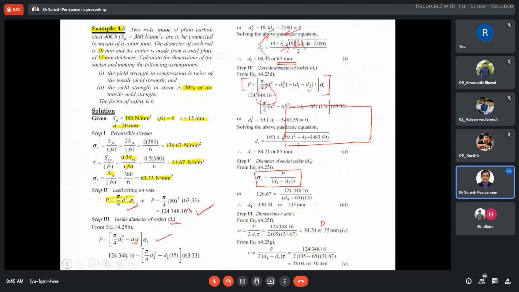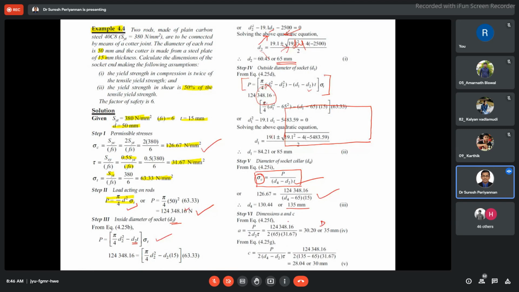We already know d2, but our intention is to find d4. Sigma c we already know: the permissible crushing stress is 126.6 Newton per mm square. Then we are able to find the diameter of the socket collar.